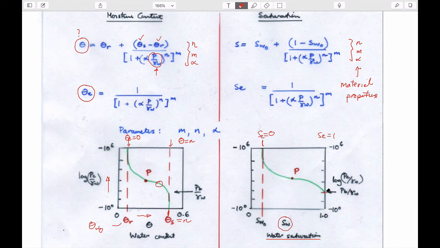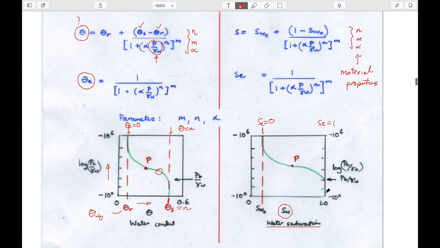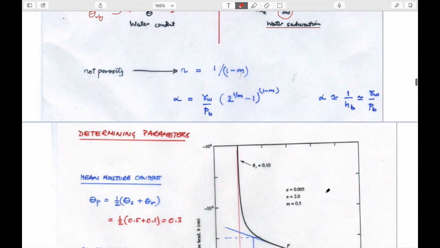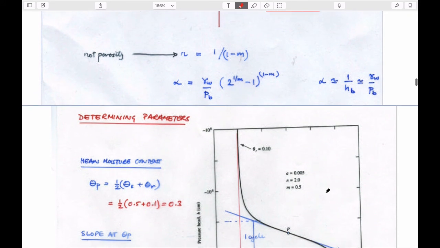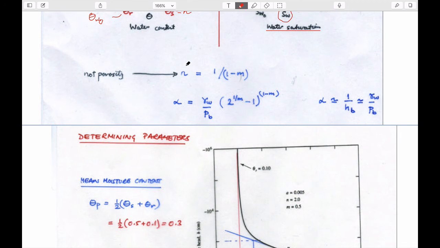I'm never quite sure how useful it is to go through these relationships, but we can define these terms, and they're linked together in some particular way. The value of this n term is a function of m, and a value of the alpha. Remember we said there are terms n, m, and alpha. They don't necessarily mean anything.